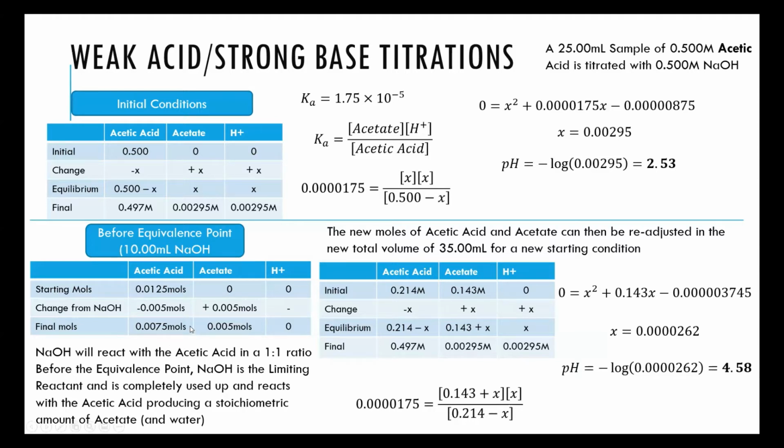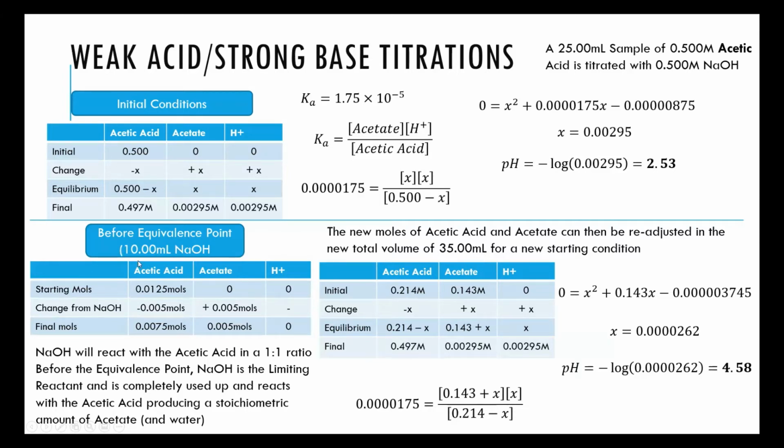So now you have 0.0075 moles of acetic acid and 0.005 moles of the acetate ion. The OH of the sodium hydroxide reacted with the H plus to generate water. So the initial concentration is still 0, but there's a new volume, 35 milliliters.